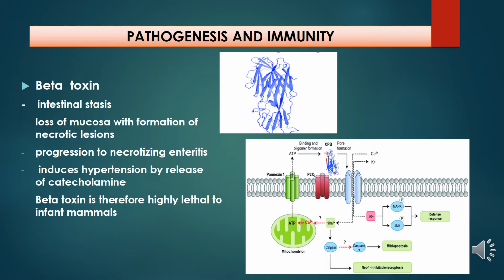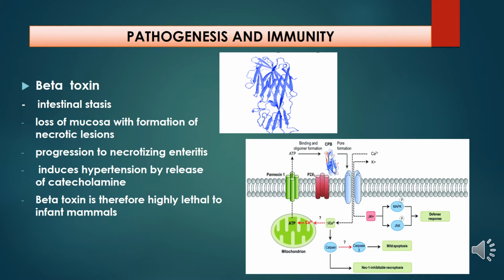It has been shown to cause necrotic enteritis in mammals and induces necrotizing intestinal lesions in the rabbit ileal loop model. So the Clostridium perfringens beta toxin is susceptible to breakdown by proteolytic enzymes, particularly trypsin. The beta toxin is therefore highly lethal to infant mammals because of trypsin inhibitors present in the colostrum.